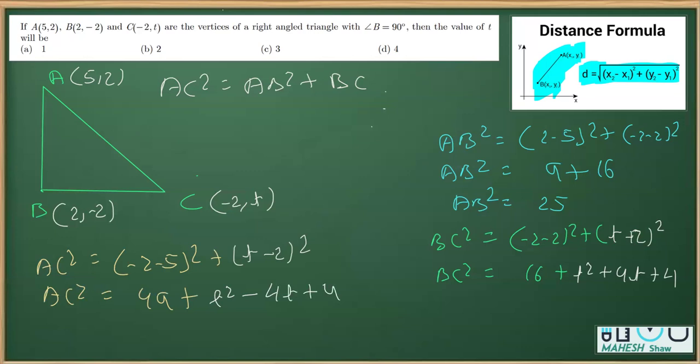Now we have obtained AB, BC and AC. I'm going to plug in these values.